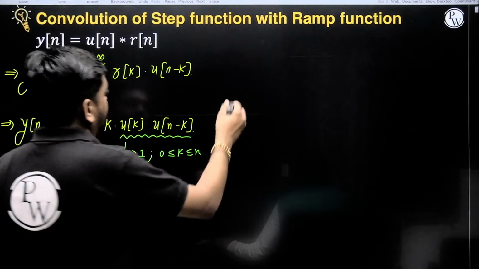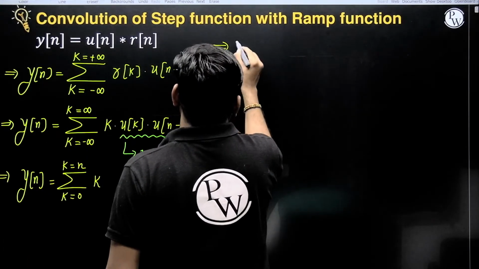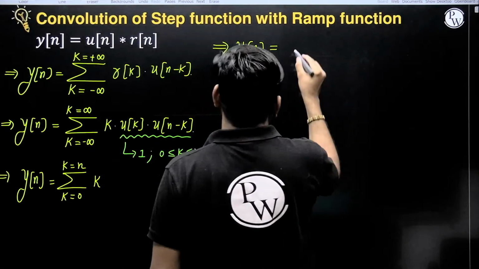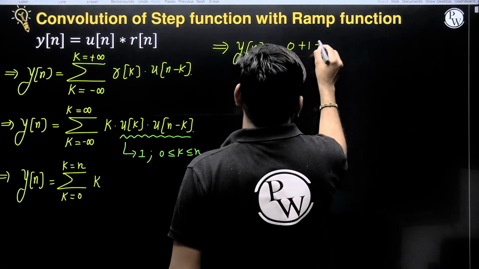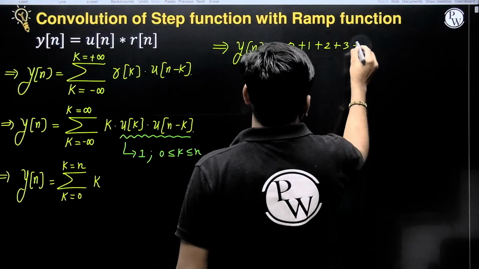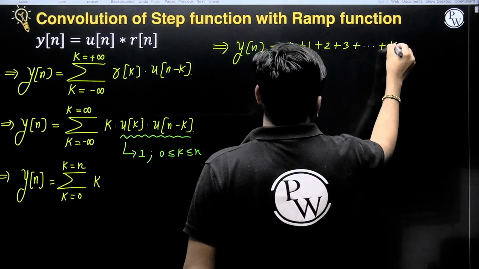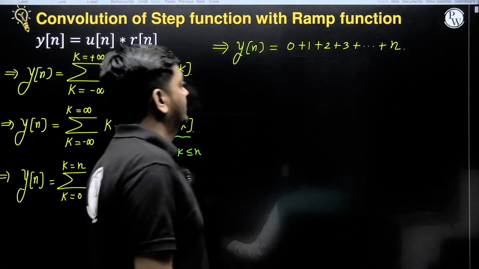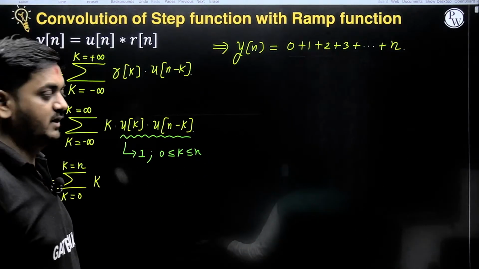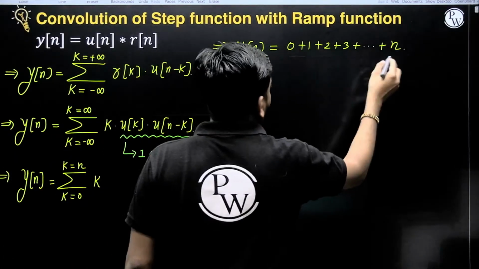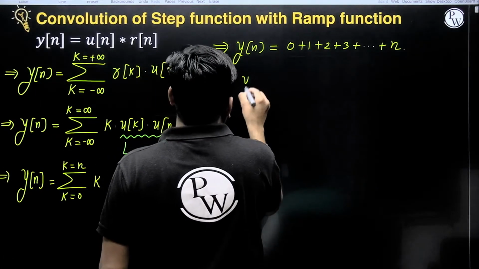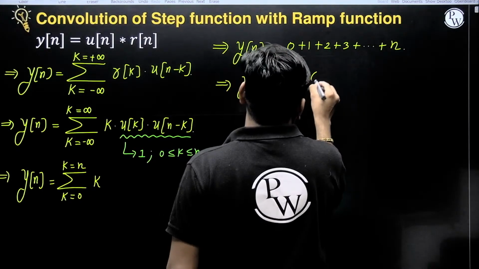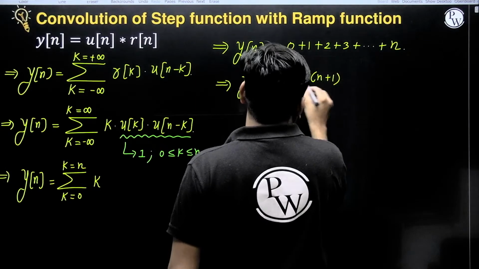What would be the answer? y of n is the sum 1 plus 2 up to n. So it is nothing but n into n plus 1 by 2. The summation of 1 to n is nothing but n into n plus 1 divided by 2.